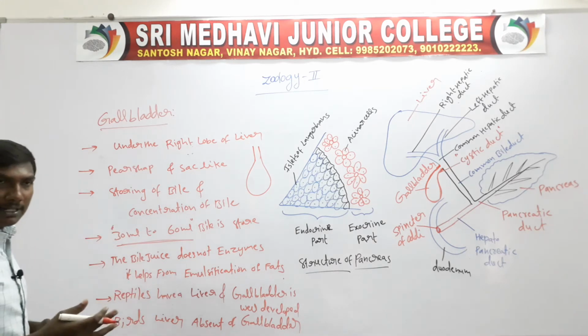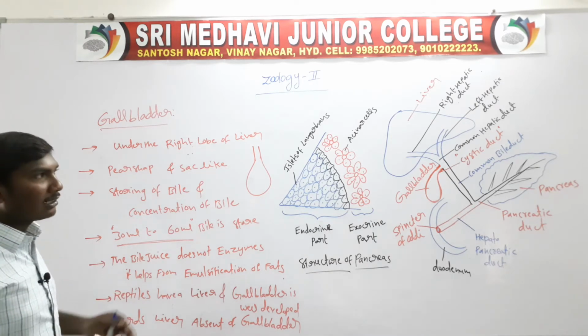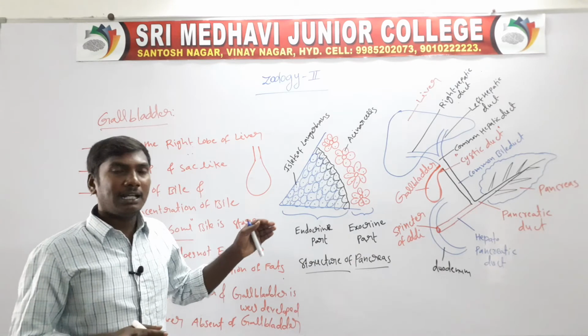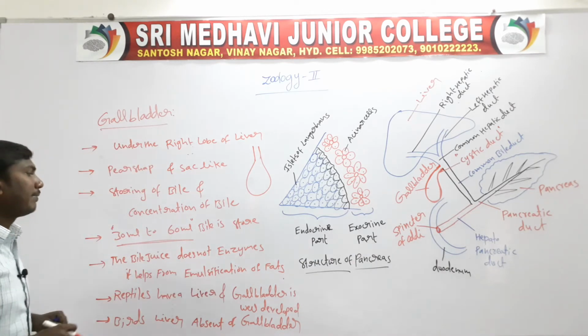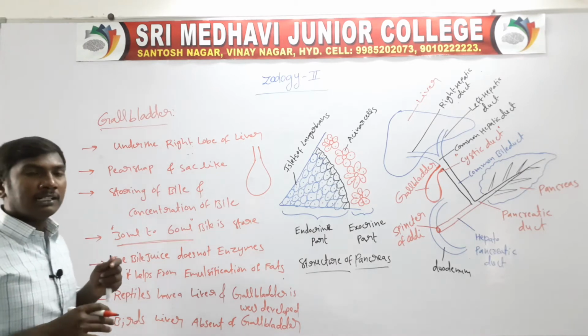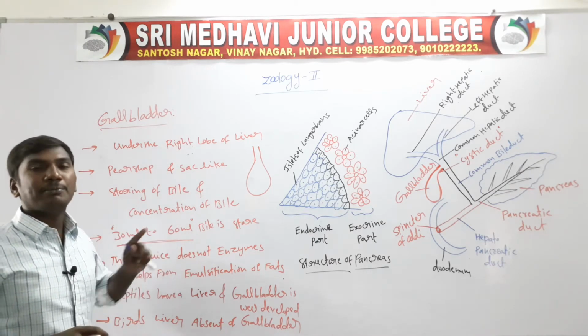Next one, the gallbladder has the cystic duct, and the common hepatic duct. These two ducts combine to form the common bile duct. Normally the gallbladder stores 30 ml to 60 ml of bile juice.